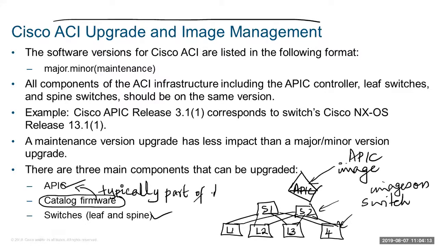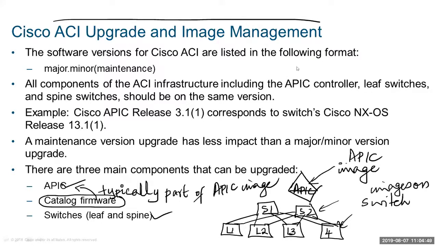The APIC image. It's usually bundled with the APIC controller's image, but once in a blue moon, they might not do an entire controller image upgrade. All you need to do is a catalog image. And that's what they mean by the three components, the types of images that you would come across for upgrade purposes.